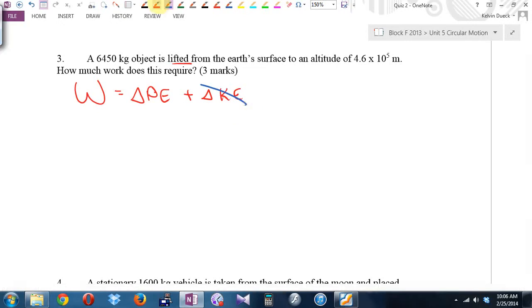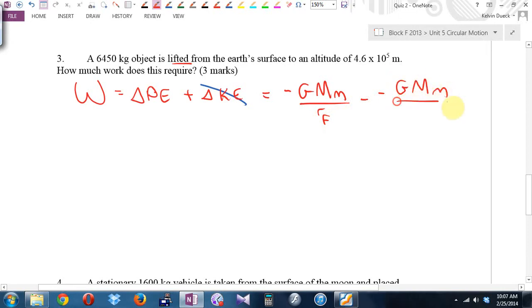Change in potential is final minus initial, so it's negative big G, big M, little m over R final minus negative big G, big M, little m over R initial. Minus minus is a plus. The other thing I'll have to do, Bree, is that since it's an altitude, I better add the Earth's radius to that.